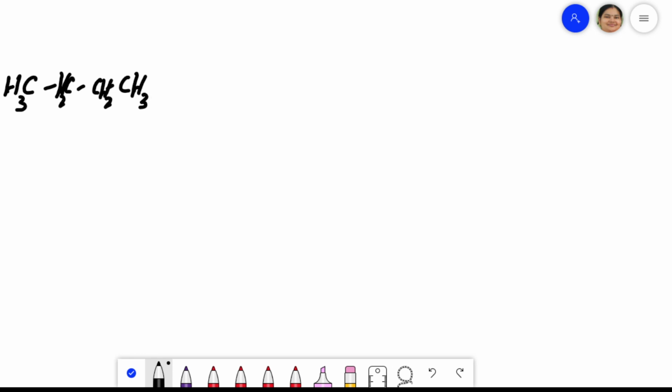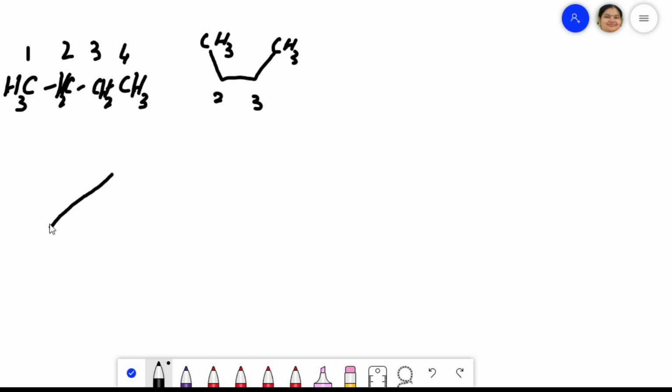If I say this is first carbon, second carbon, third carbon, and fourth carbon, I will represent the bond between the second and third carbon atoms. The bond I am going to elongate is between the second and third carbons.